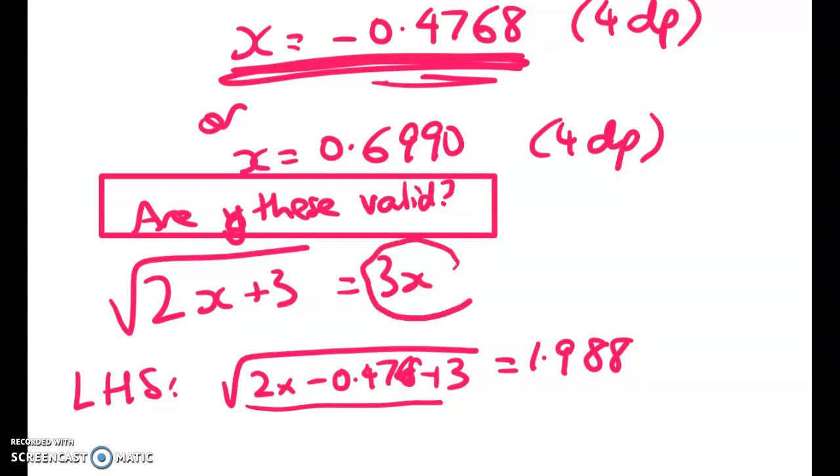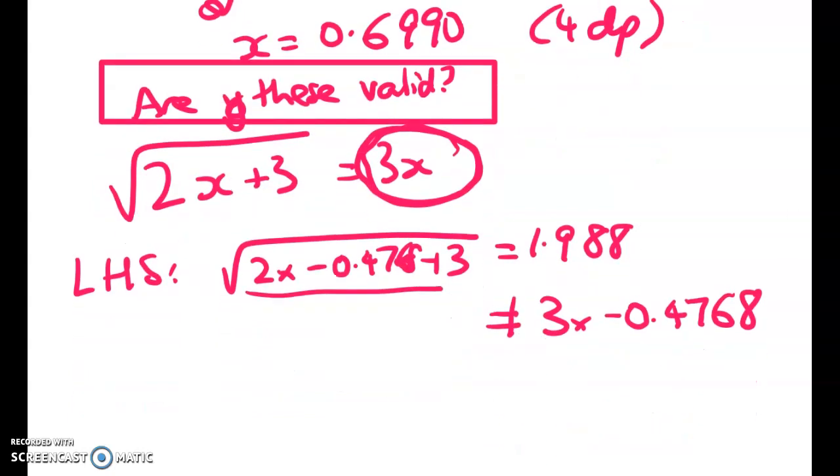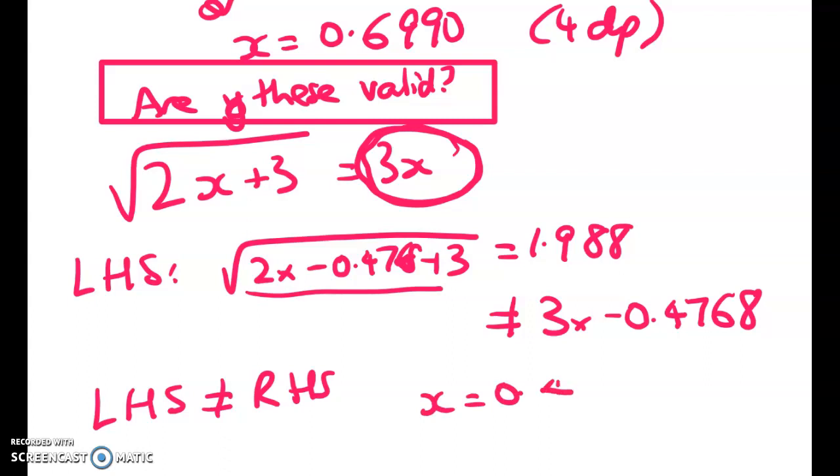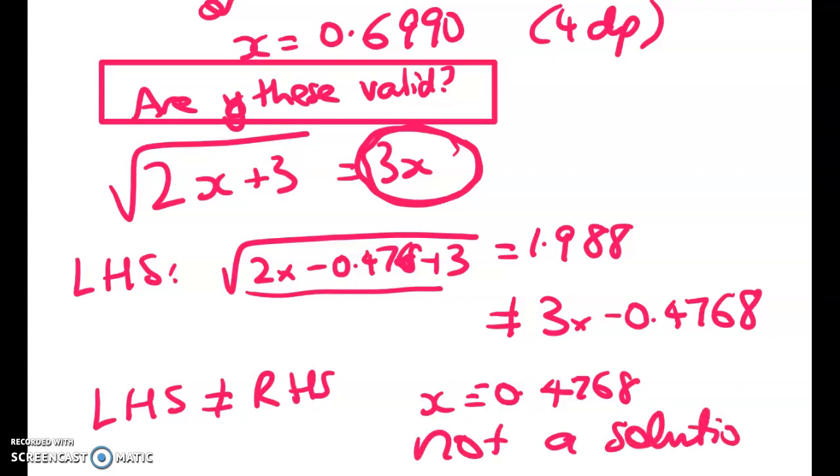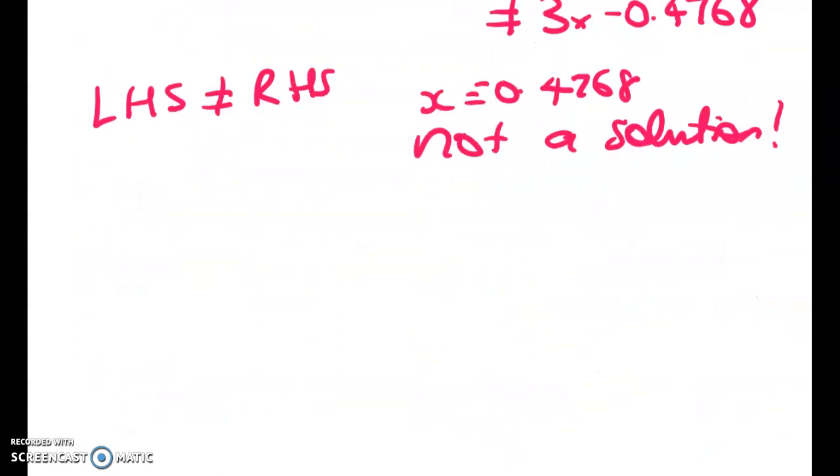But you can see that x being negative is going to give me a negative number on the right-hand side. So the left-hand side is not going to equal the right-hand side, and x is equal to negative 0.4768 is not a solution. So we can check the other one now, and the other one does work.